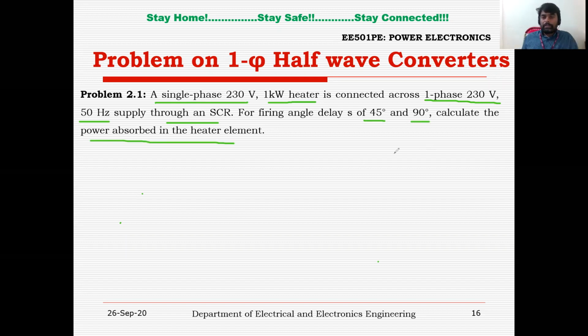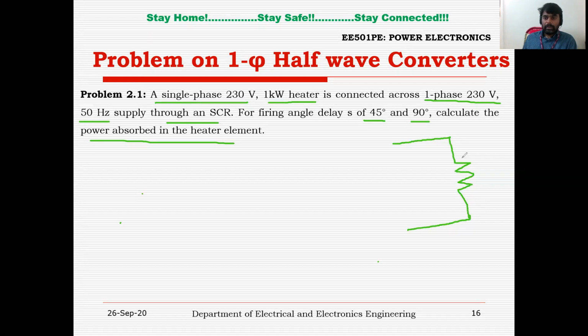Now I am going to read the circuit configuration for this question. I can consider the heater as a resistive load, and the rating of this resistance is given as 230 volts and 1 kilowatt. It is fed from the single phase supply through an SCR.